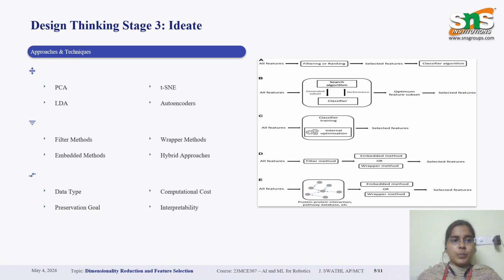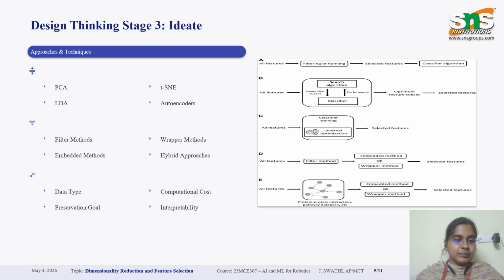Coming to the common approaches, here we have PCA. PCA is principal component analysis, an unsupervised technique that identifies relationships in the data and projects high dimensional data into a low dimensional space with maximum variance.